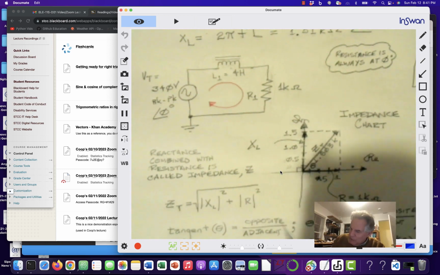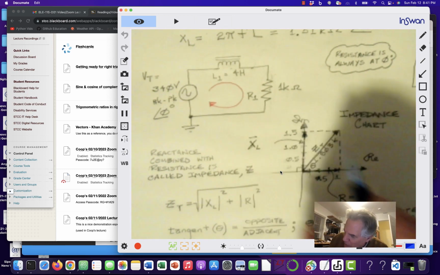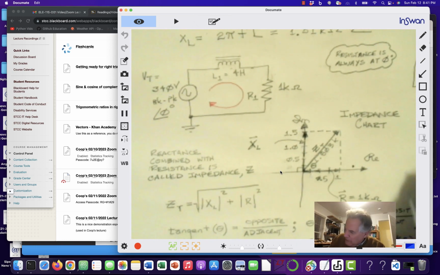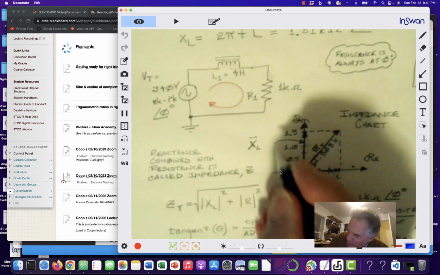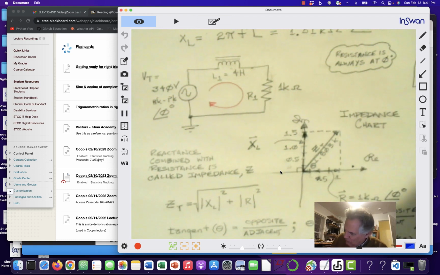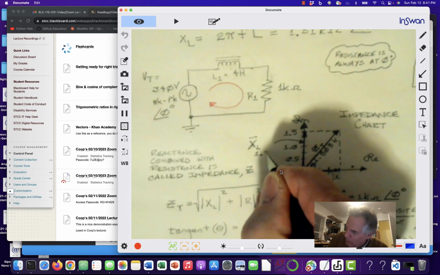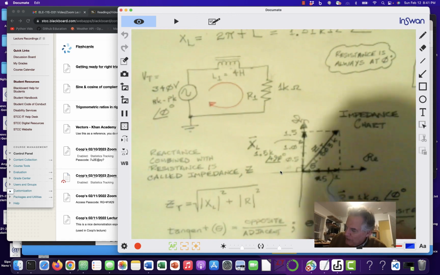Now you could argue that each of these is a vector. XL is a vector, and R can be a vector. You know, if I say this is 1 k ohms at 0 degrees, XL is 1.5 k ohms at plus 90 degrees.